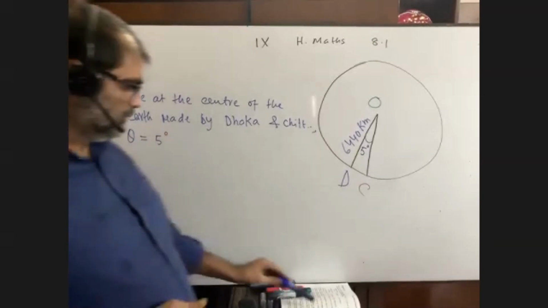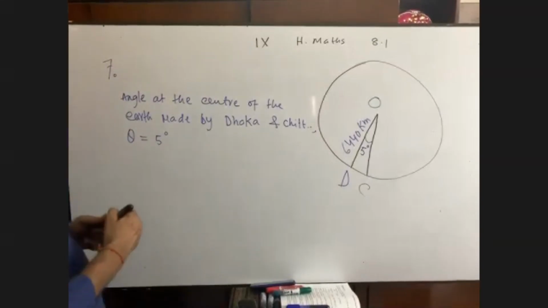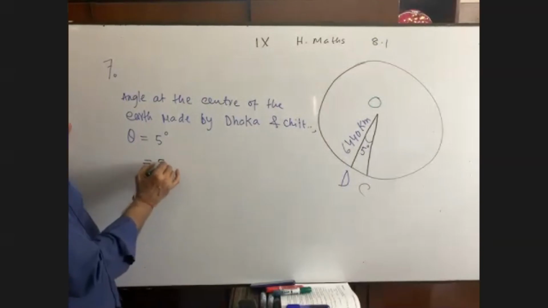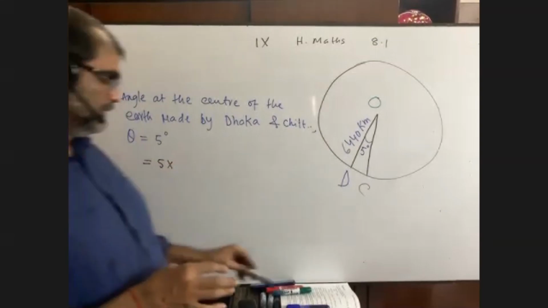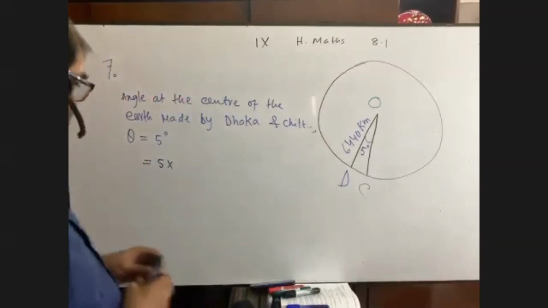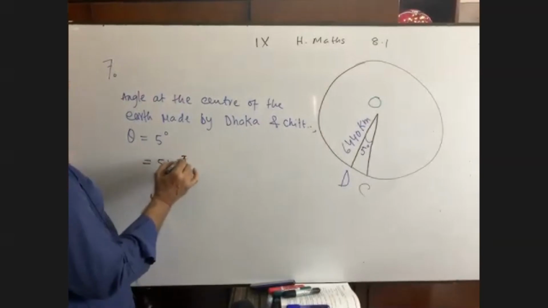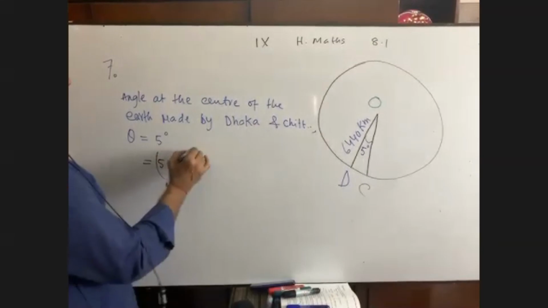But we all know that it is to be converted into radian. That means 5 degree equals what? Degree is to be converted into radian. What is the formula? Talk to me. Pi by 180 radian.